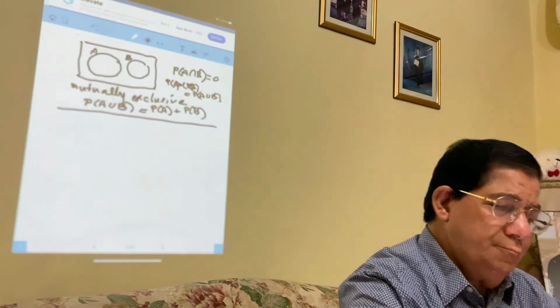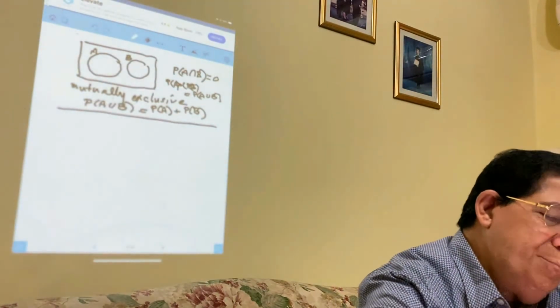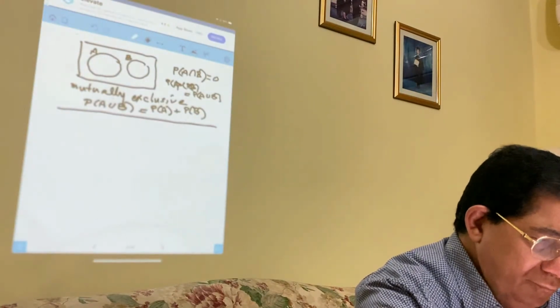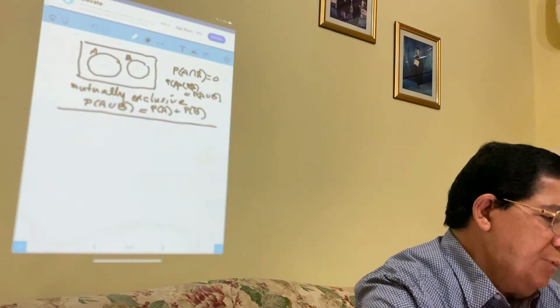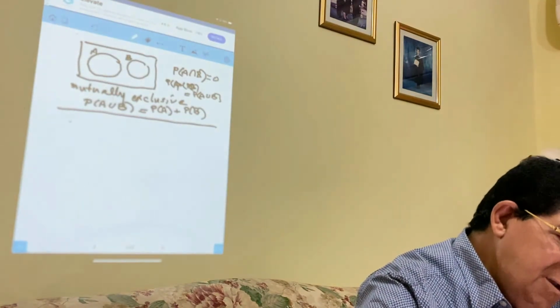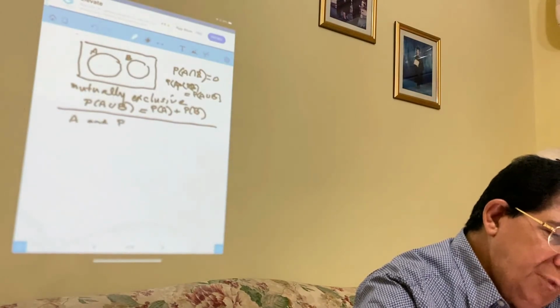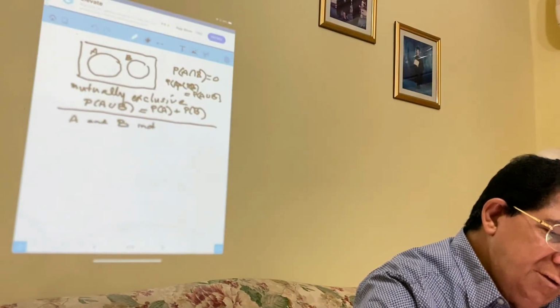Now, if two events are independent, what does this mean? It means that A and B are independent.